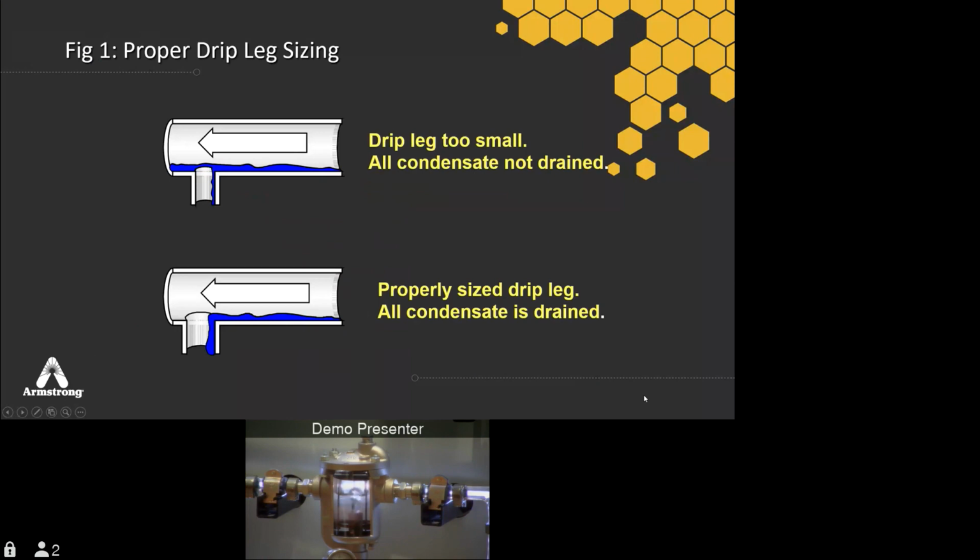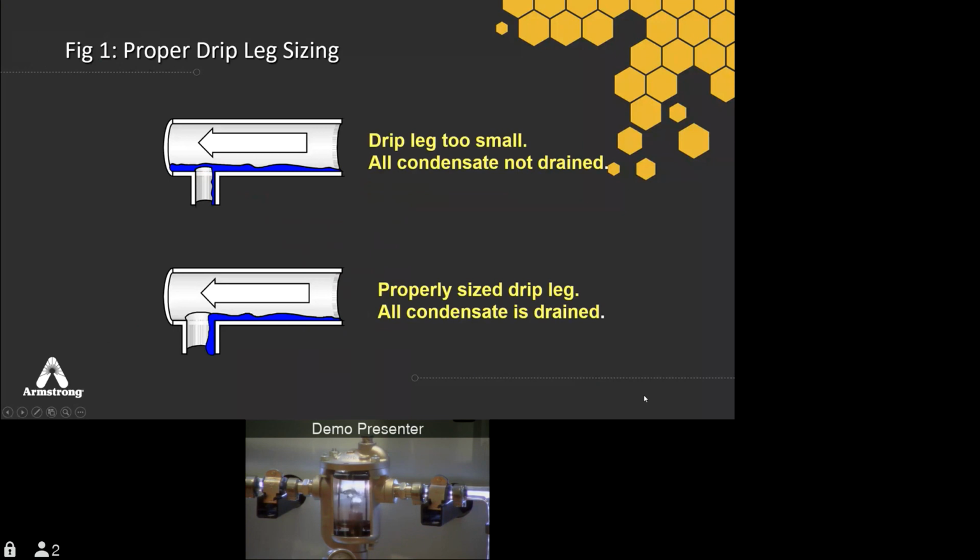Look at the top diagram. If that drip leg's too small because of the steam velocity going over the top, it may not go down into that smaller pipe. The other effect that can occur if velocity is going too high, it actually can pull water out of a pipe that's too small. It can actually siphon it out of there.